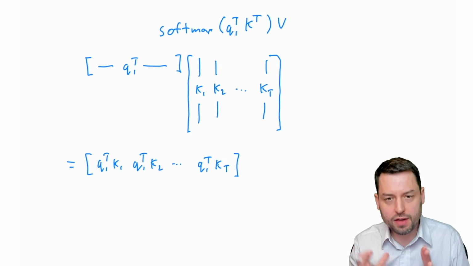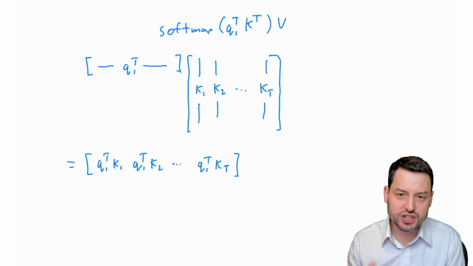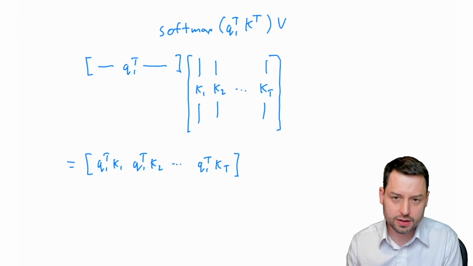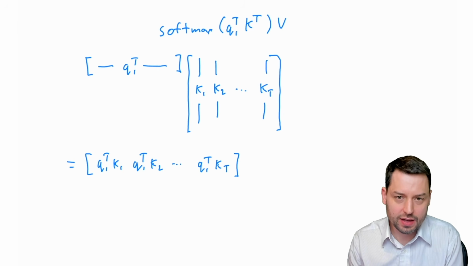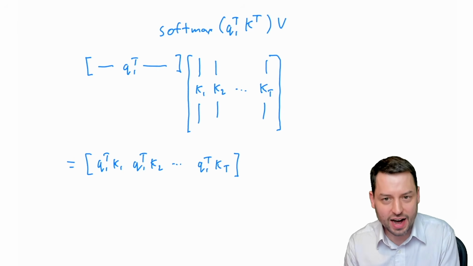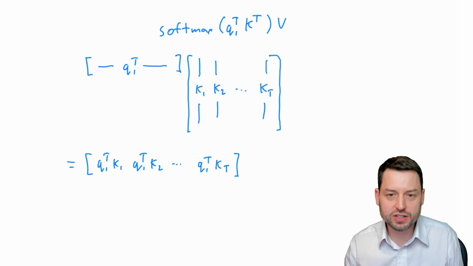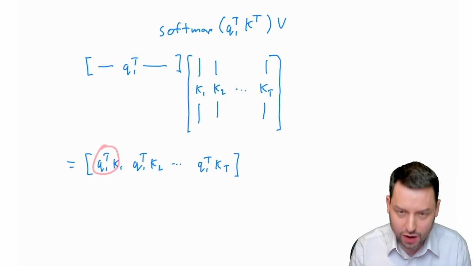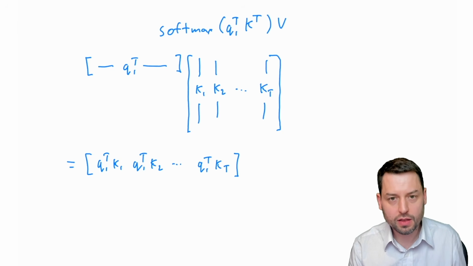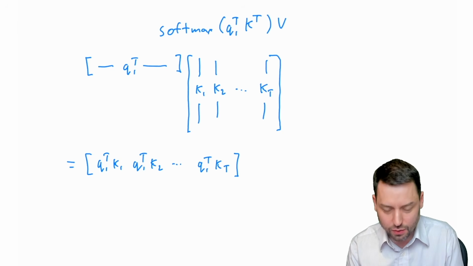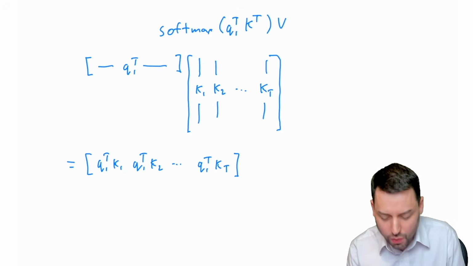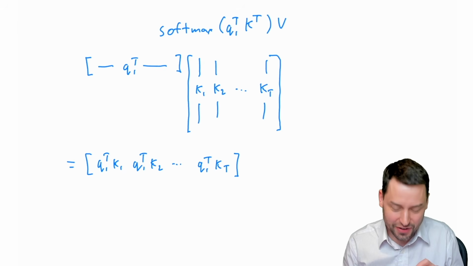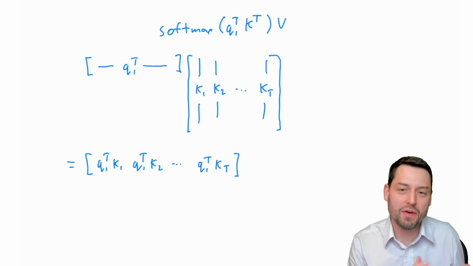So if Q1 matches, or is the same as Ki, then that element is going to be high. Whereas if Q1 and Ki are very different, then that value might be very, very negative.